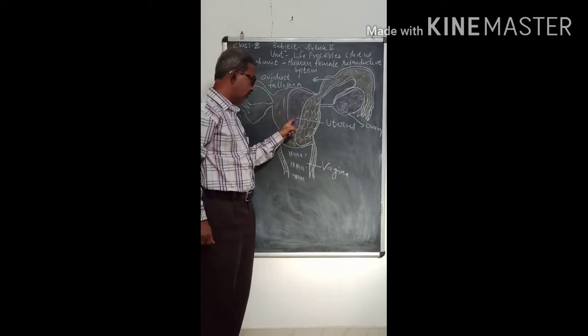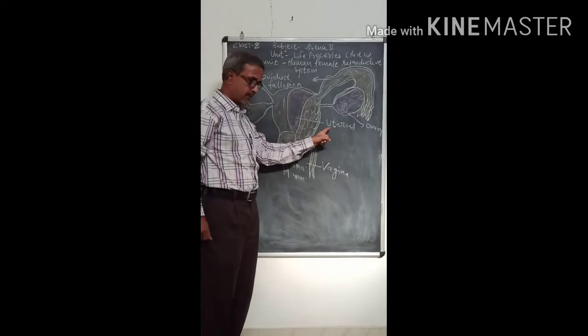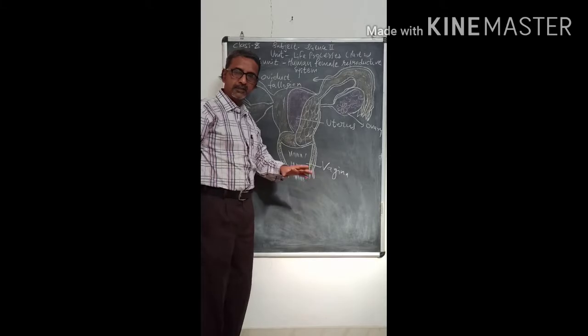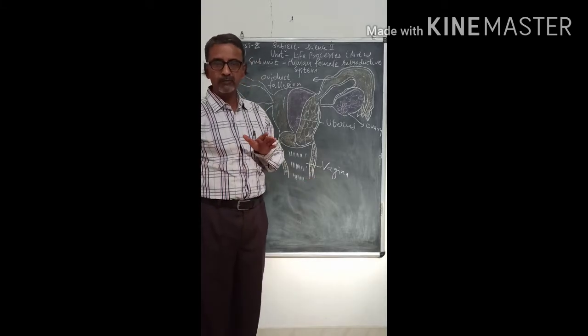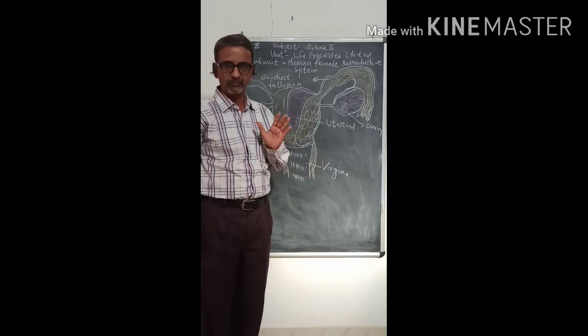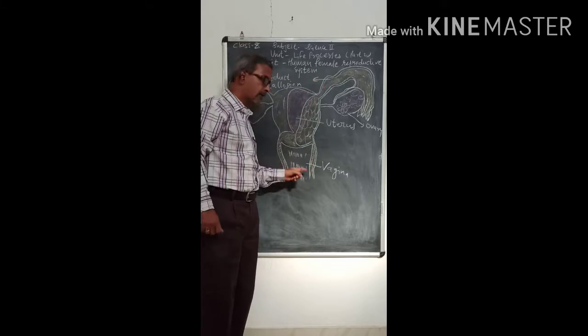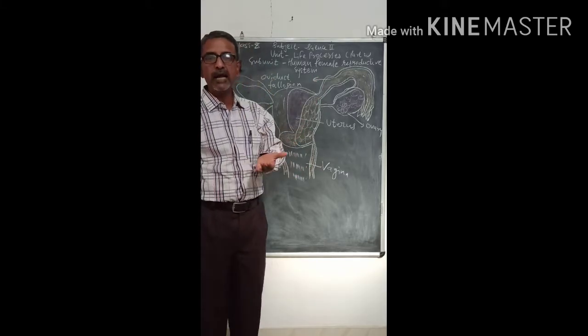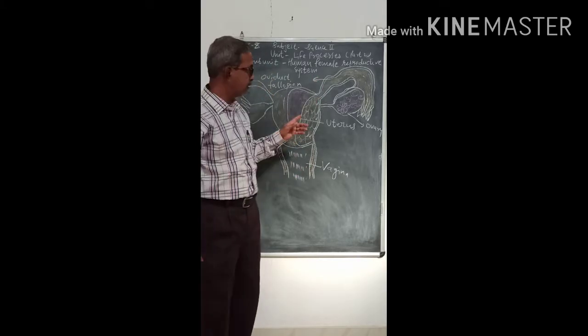Then a single uterus and vagina. These are the 4 parts of the female reproductive system, and all these parts are present inside the abdominal cavity of the female.